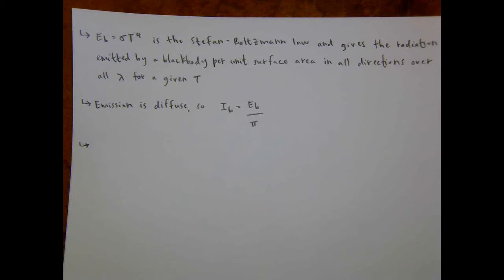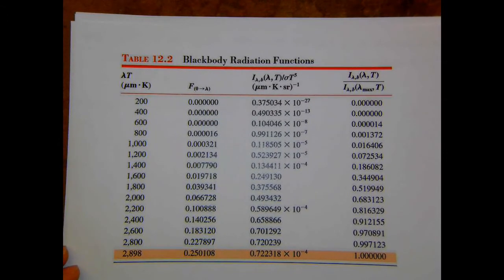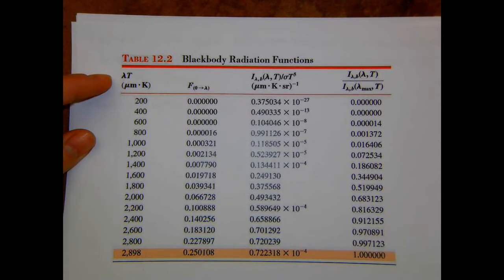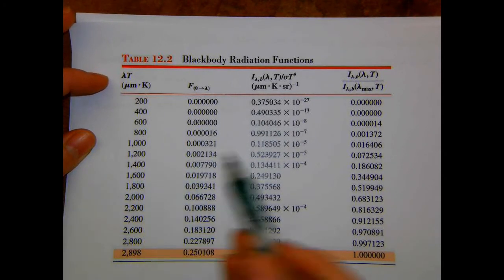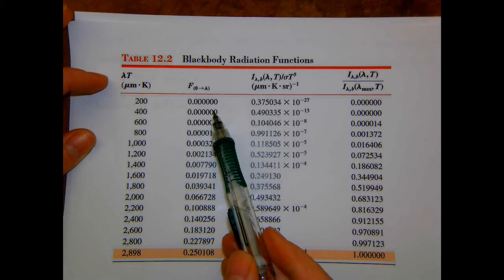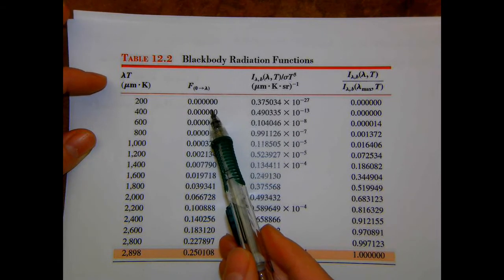There's a table in the book that has all of these wavelength bands calculated for specific values of lambda times T.